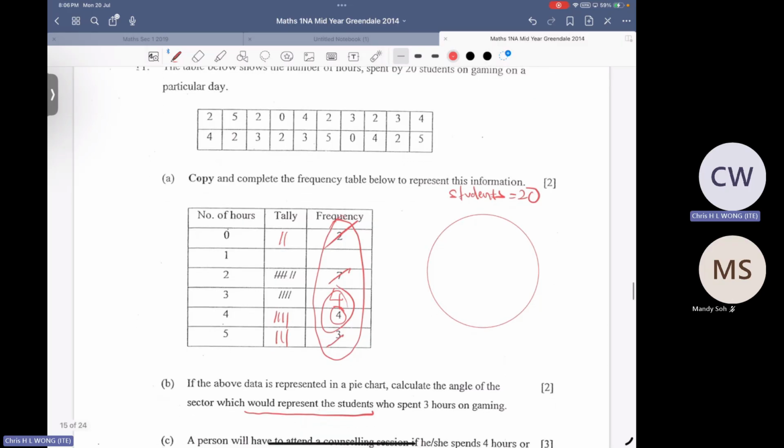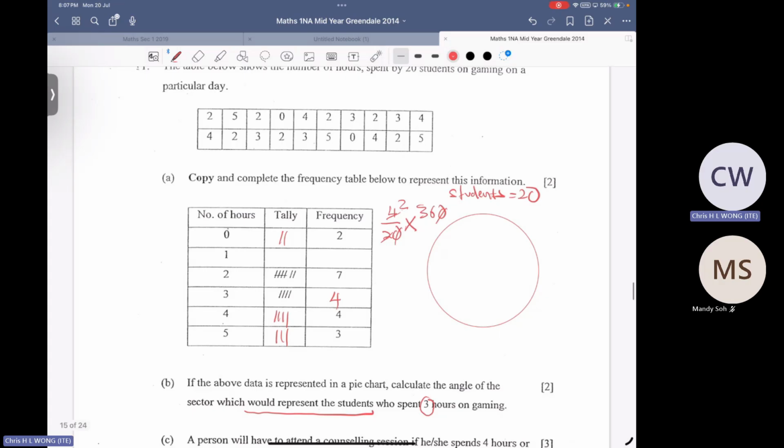Now you are going to represent 3 hours. Find the angle for 3 hours. How many students are represented for 3 hours? 4, right? So you take 4 over the total of 20 students. One circle is how many degrees? 360. So 360 divided by 20 is 18, times 4, that's 72 degrees, isn't it?